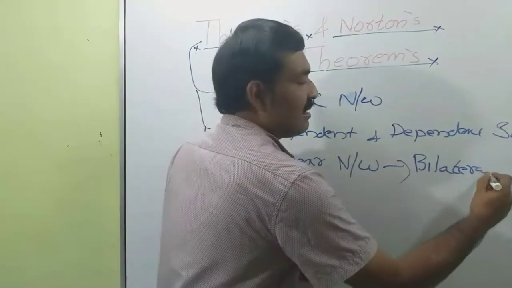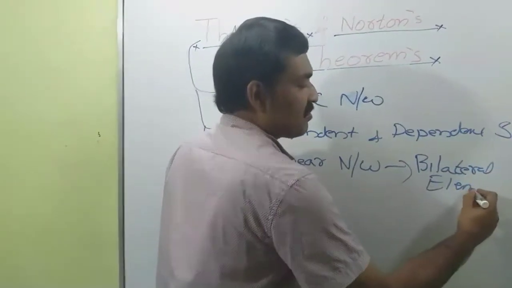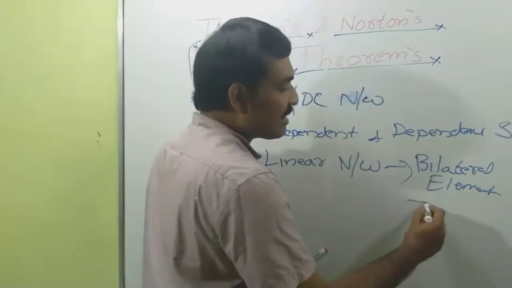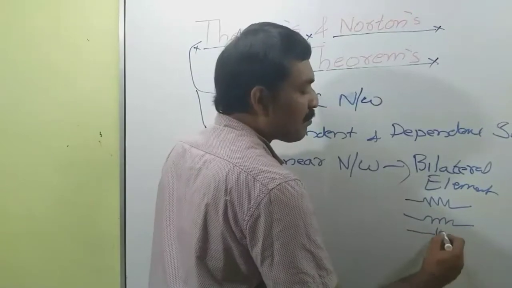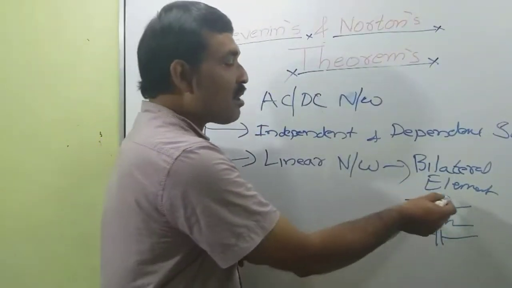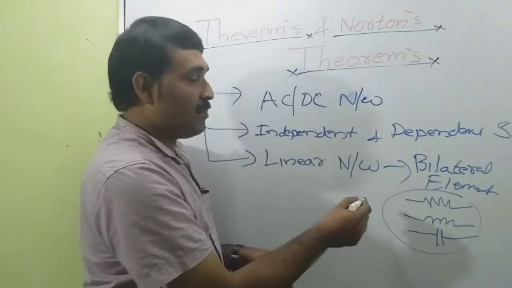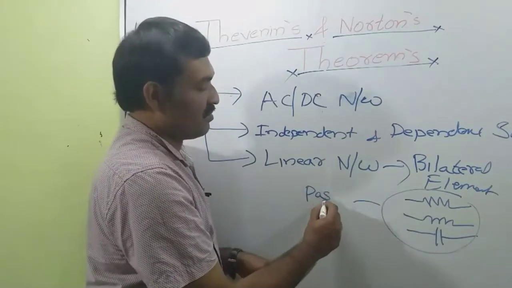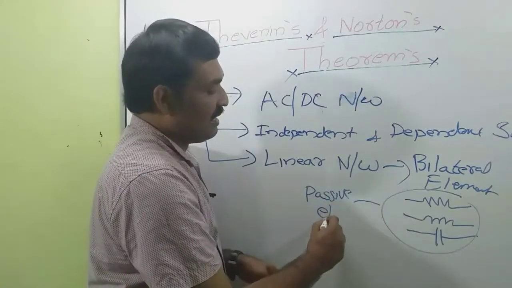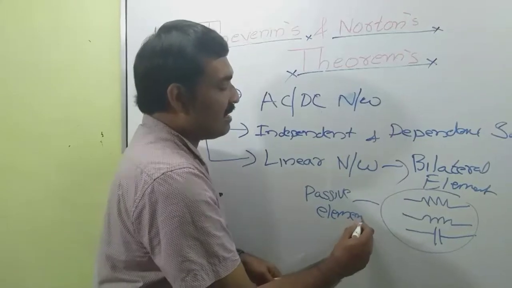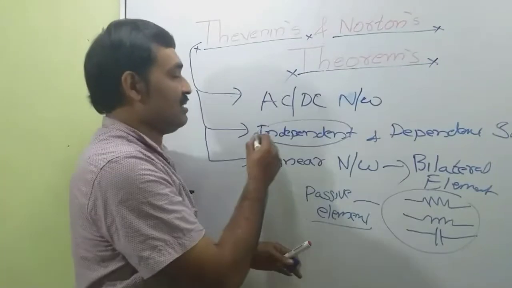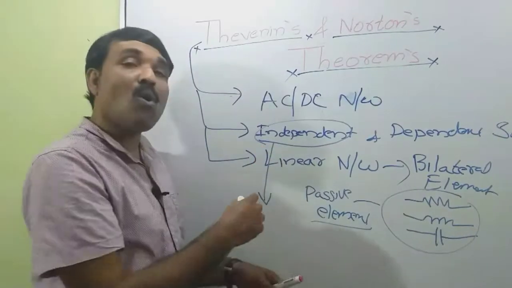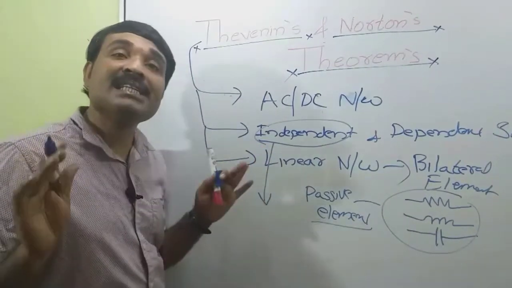Bilateral elements such as resistance, inductance and capacitance. So all these are passive elements. And the circuit consists of independent sources, so independent voltage source or current source, that is an active element.